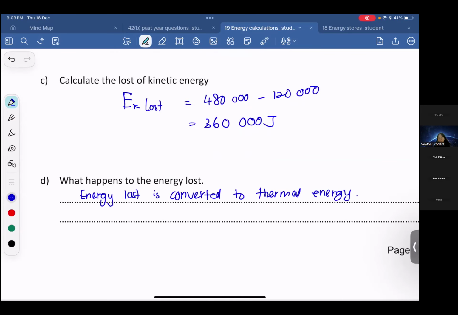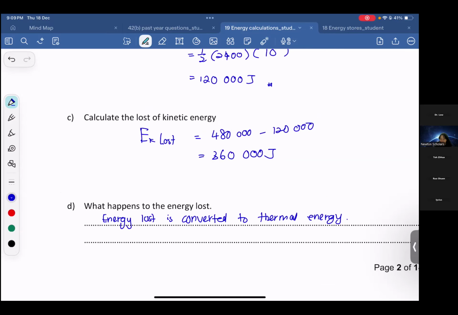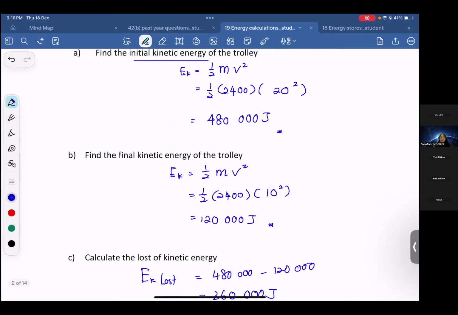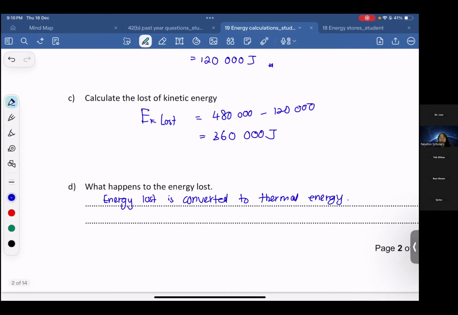So here, the car at the end applies the brake. Applying the brake, at the end the speed decreases. So actually, this energy is lost to thermal energy because it is used to overcome the frictional force. Okay, add one more sentence, that this is dissipated to the surrounding.